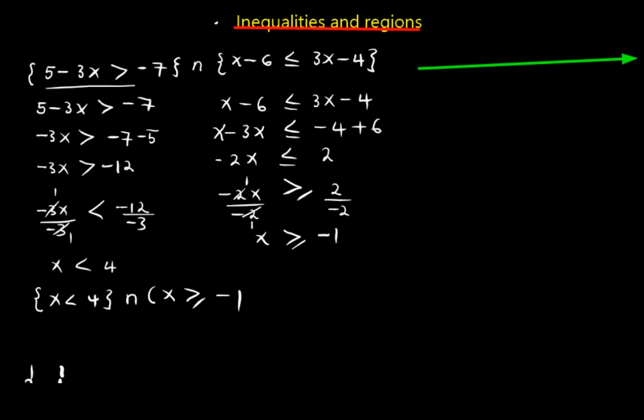This is a number line. So we have negative 1, 0, 1, 2, 3, and 4. Remember, they are telling us that x is less than 4. That is the first inequality. So this is 4. But they are telling us that x is less than 4. Therefore, we move towards the what? The left.